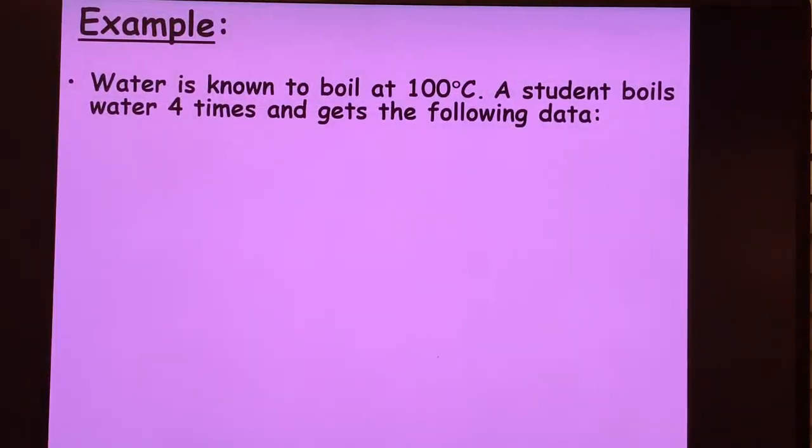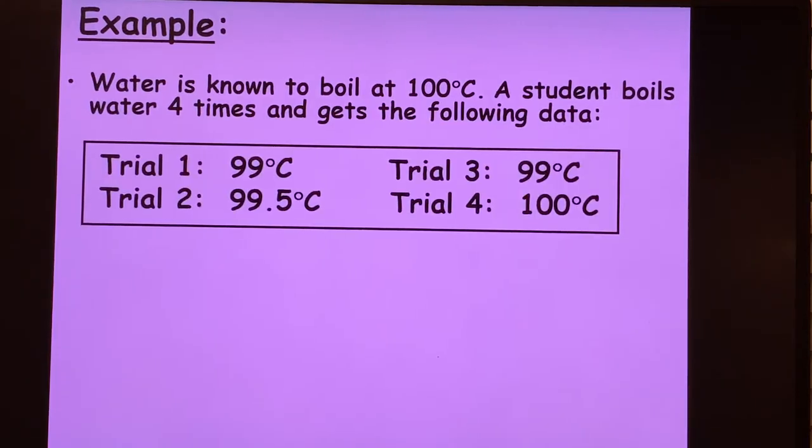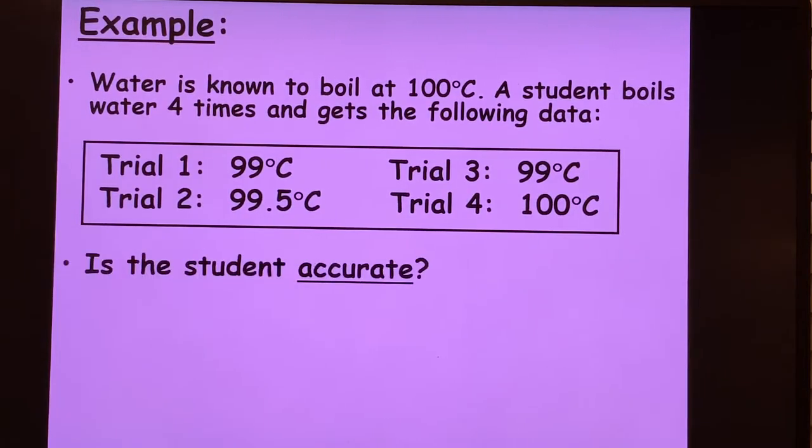Here's another example. Water is known to boil at 100 degrees Celsius. A student boils water 4 times and gets the following data. Trial 1, 2, 3, and 4 all have numbers that are close to 100. Is the student accurate, therefore? You'd have to say yes, right?